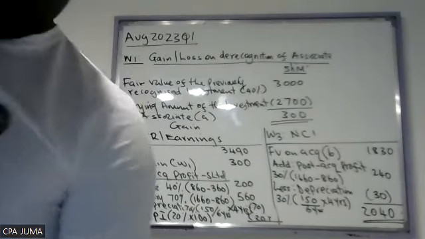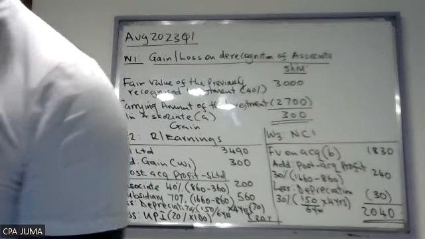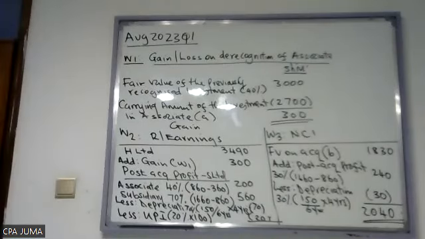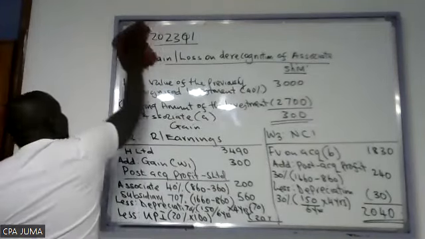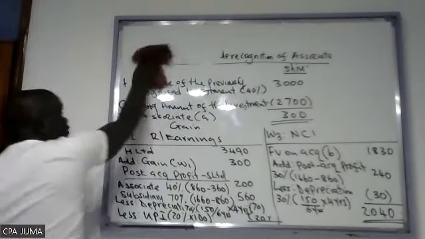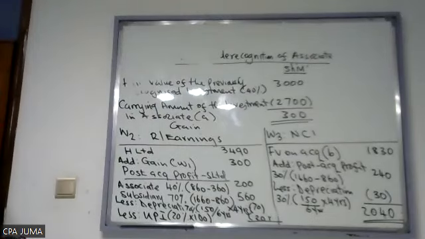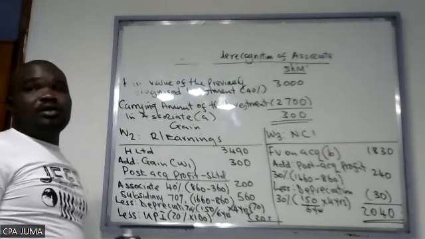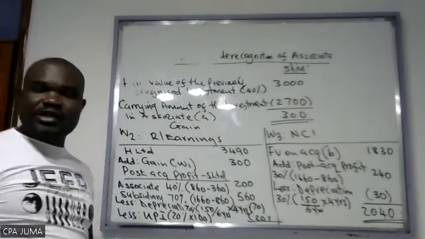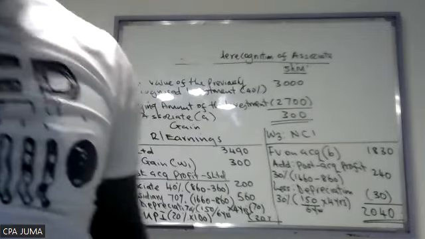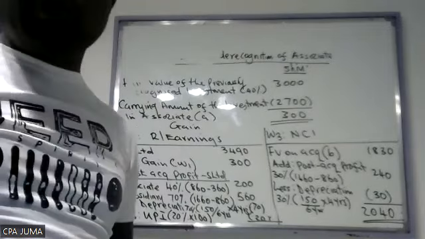So let's go to the presentation. So right there, H group. I'm deleting this one here. In case someone is not done, please, you can take a screenshot. For those who are joining now, we are doing August 2023, last sitting, page 1.